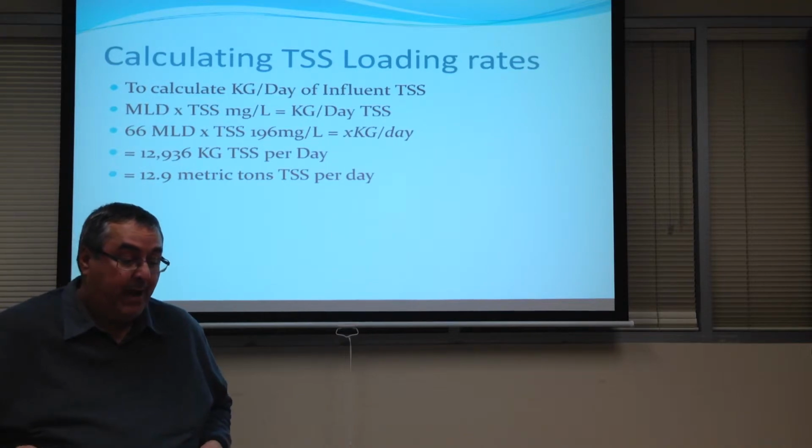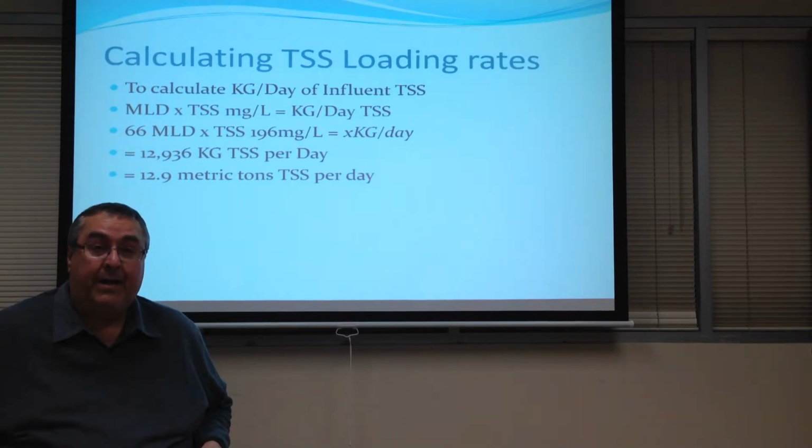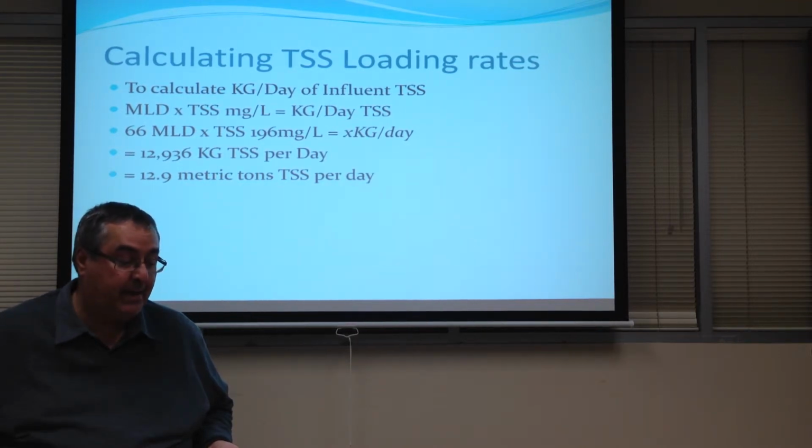So we multiply the flow, 66 million liters, by 196 milligrams per liter of TSS in the influent, and the result is 12,936 kilograms of total suspended solids that came into the plant that day.